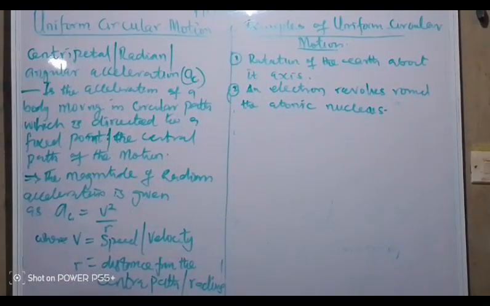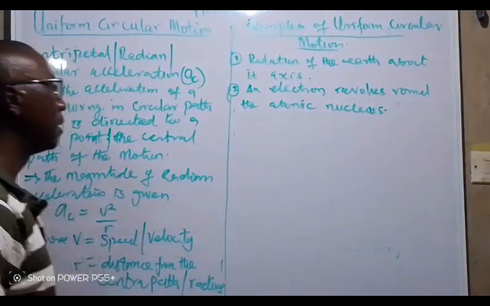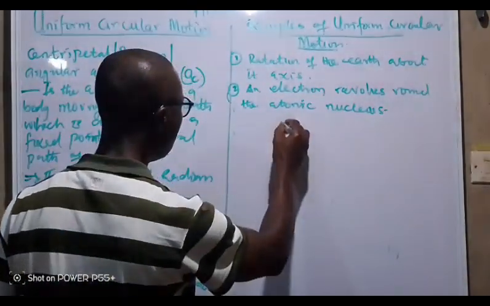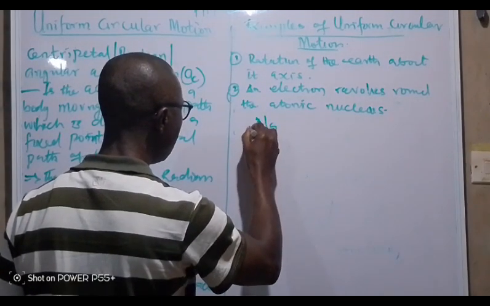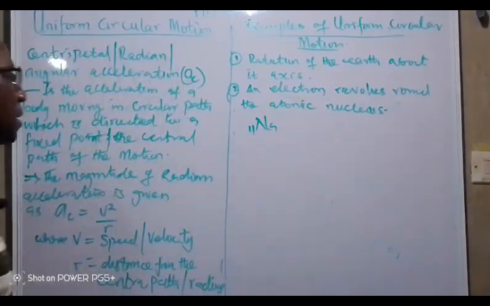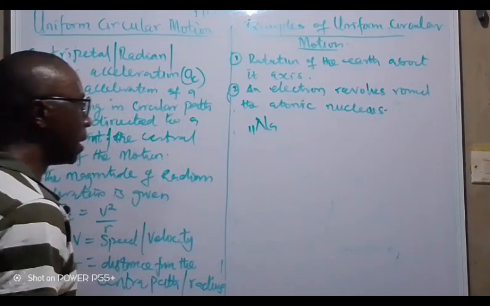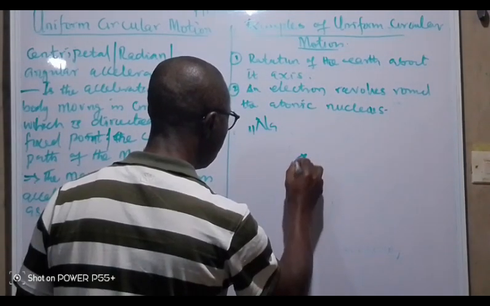This is according to chemistry. When an electron revolves round the atomic nucleus, let's say, for instance, you have sodium as an element, with 11 as atomic number. When you draw the electronic shell, the inner shell, you take just two electrons.